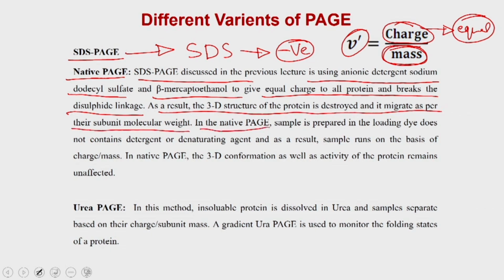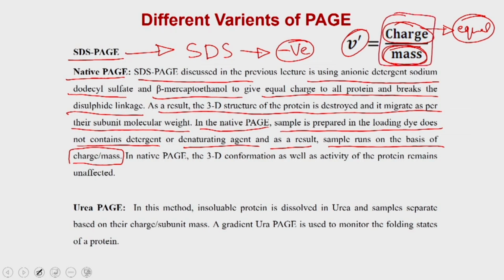Whereas, in the native PAGE, the sample is prepared in the loading dye that does not contain detergent or denaturing agent, and as a result the sample runs on the basis of charge by mass. Since all the proteins are going to have different types of charges, either positive or negative, and also different types of masses, whatever the ratio comes, the electrophoretic mobility will be directly proportional to the charge by mass ratio.